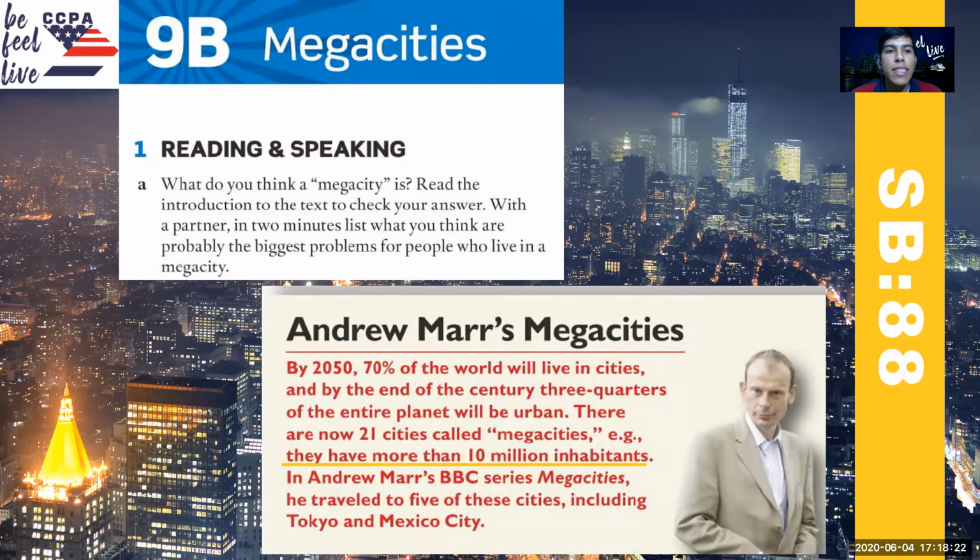But before we start, it says, what do you think are the biggest problems for people who live in mega cities? What problems can you think of for people who live in mega cities? What comes to your mind? Traffic. Okay, absolutely. Traffic. Perfect, Lucero. Thank you. What's another problem? The pollution, teacher, maybe?